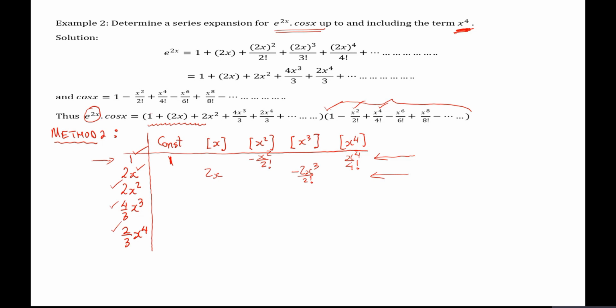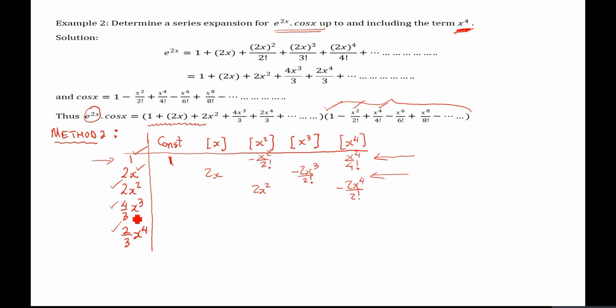And then I do the same for 2x squared, for x cubed, for x to the power 4, and I only go up to the terms with x to the power 4, and you can double check that. 2x squared times 1 gives you 2x squared. I'll put that under the corresponding like term. Then 2x squared times minus x squared over 2 factorial will give me minus 2x to the power 4 over 2 factorial.